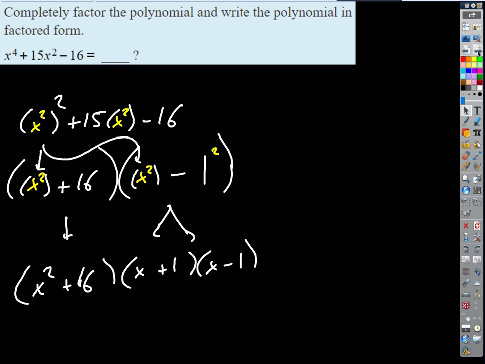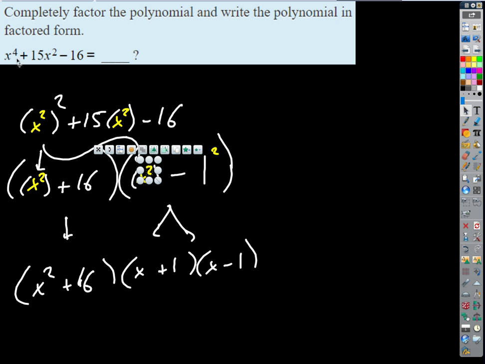We're just trying to find magic numbers because a is equal to 1 and c equals negative 16 and b is 15. The magic numbers are the same, positive 16 and negative 1. But when we break this into factored form, instead of this being x plus 16 and x minus 1, it's x squared plus 16 and x squared minus 1, right? And you can see if I were to multiply this out, when I distribute the x squared, well, what's x squared times x squared?